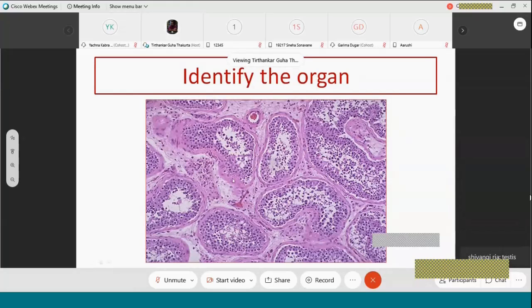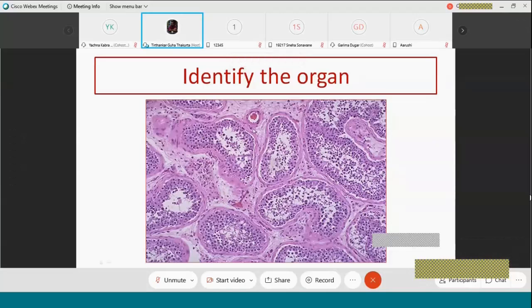So it must be an organ having multiple tubules. These multiple tubules, you can see, are lined by some fibrous tissue, connective tissue, inside which there are cells in various stages of development, from larger nuclei to smaller nuclei. They are arranged in various stages.